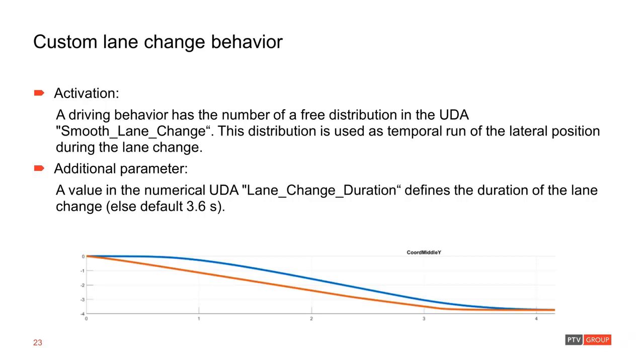And here again in a graph, the difference between the default lane change in Vissim, that would be the orange line, just a straight line which takes about 3 seconds for the lane change, whereas the blue one is now some parameters we got from a big German OEM from real life data, containing that temporal run of the lateral position over 3.6 seconds.